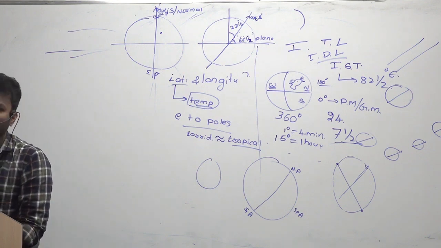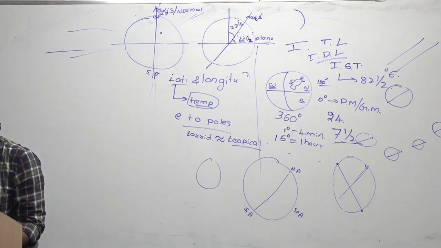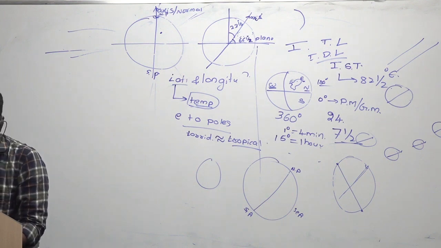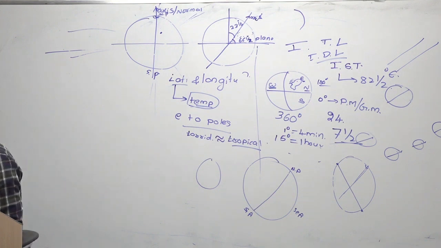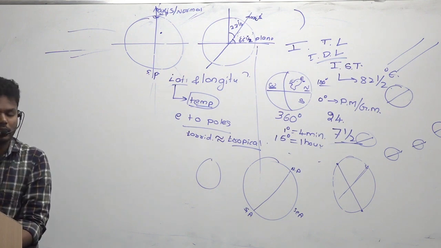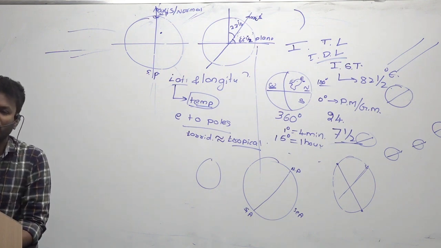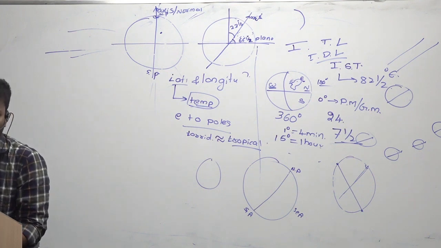Sun's rays will be diffused. Sun's rays will be much diffused, that means scattered, divided. That is why it is the winter season. The temperature will be less.